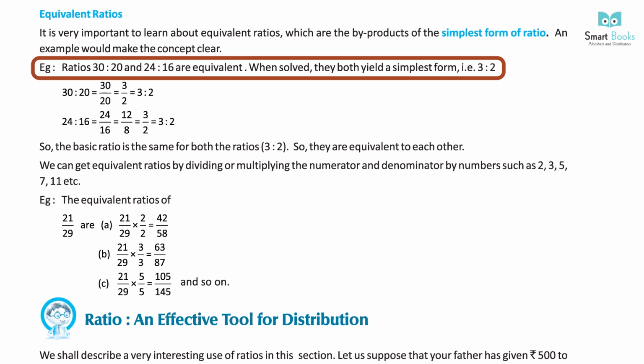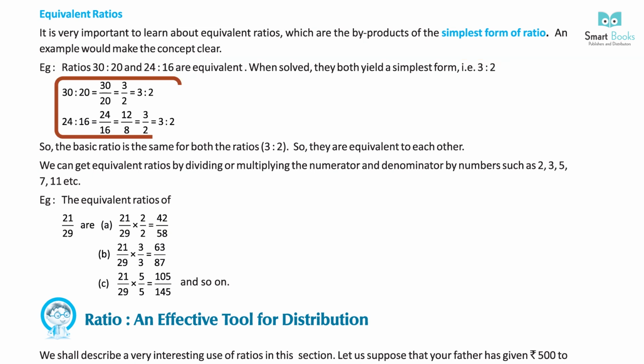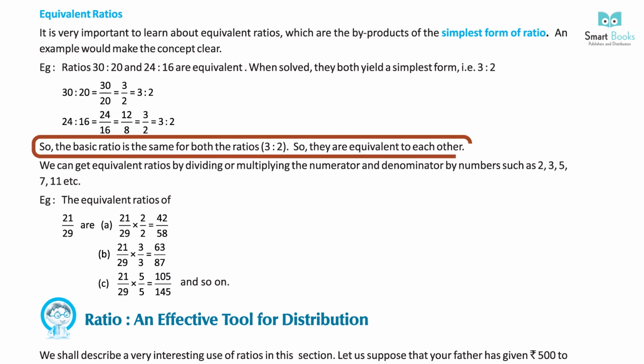When solved, they both yield the simplest form, 3 ratio 2. 30 ratio 20 equals 30 upon 20, equals 3 upon 2, equals 3 ratio 2. 24 ratio 16 equals 24 upon 16, equals 12 upon 8, equals 3 upon 2, equals 3 ratio 2. So, the basic ratio is the same for both, 3 ratio 2. So, they are equivalent to each other.